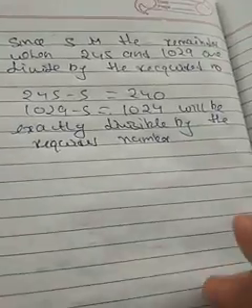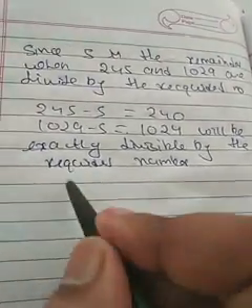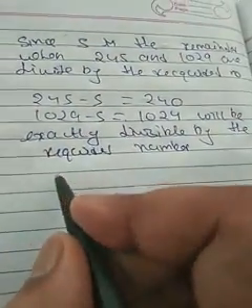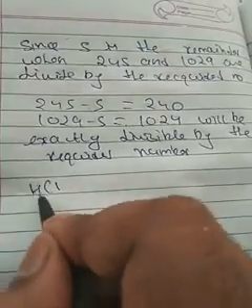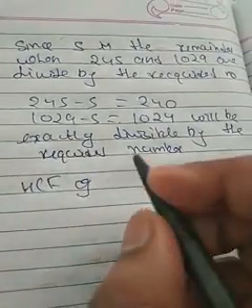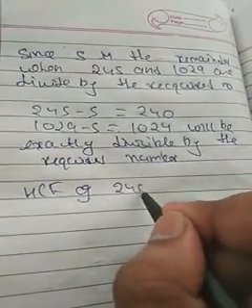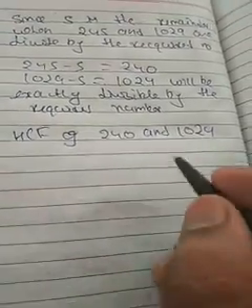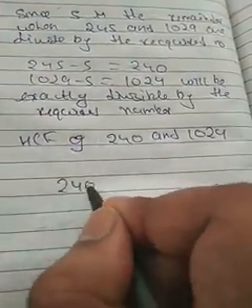So we will find the HCF of 240 and 1024. We will find it by the division method.